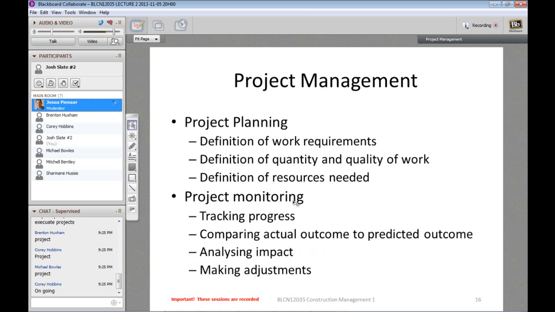All right, so if we look at project management, there are two different areas there, planning and, of course, monitoring. So why would we do planning? We know that we've got some kind of requirement that we have to achieve. We've got an objective, and we, of course, have to plan for it. You guys know, for instance, that you have to submit your assignment on the 24th of November, which isn't too far away. Therefore, you're going to start planning and seeing how you can work it out.